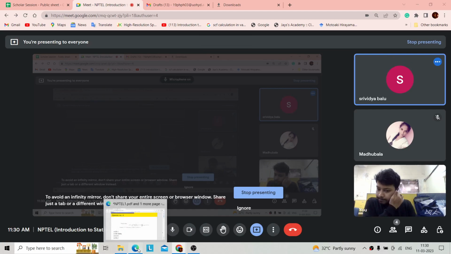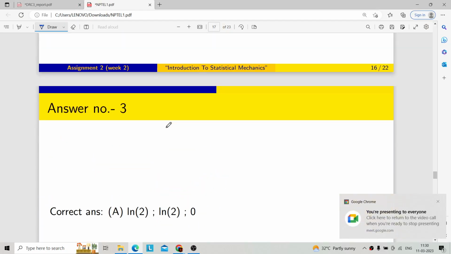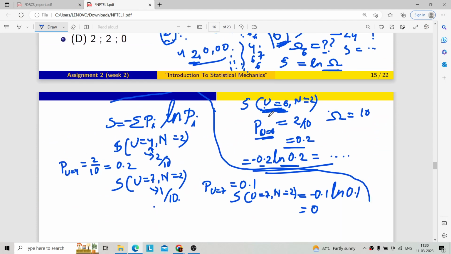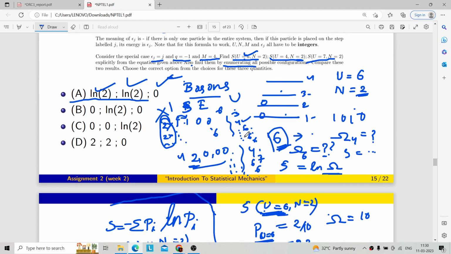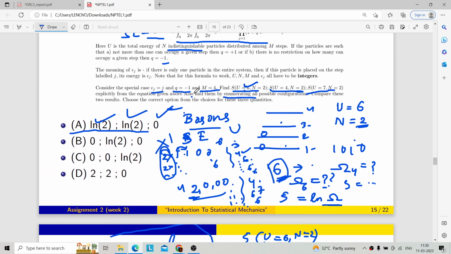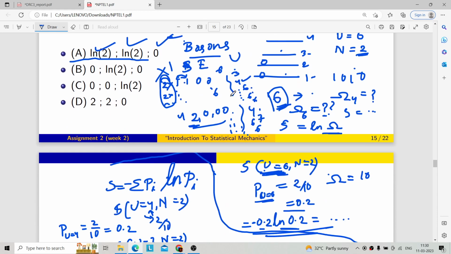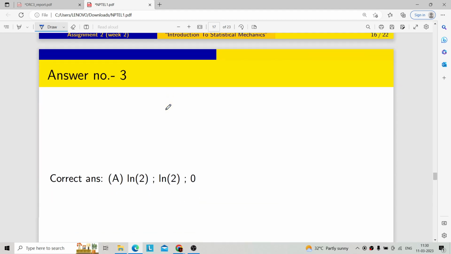I was saying there are two different ways of calculating this entropy. You explore both of them and calculate the entropy. Enumerating means you have to calculate the entropy using this probability method, and you already know the Boltzmann method, and we got this answer also using the Boltzmann method. Right.